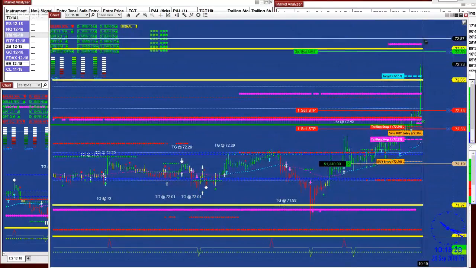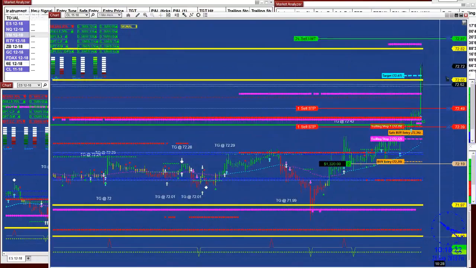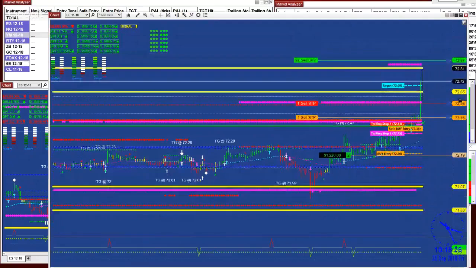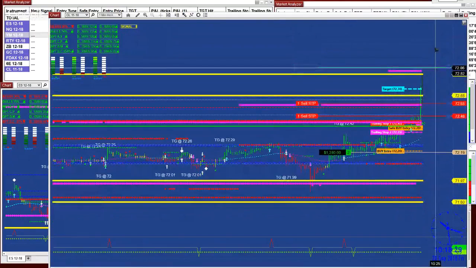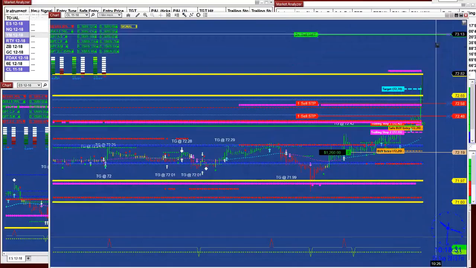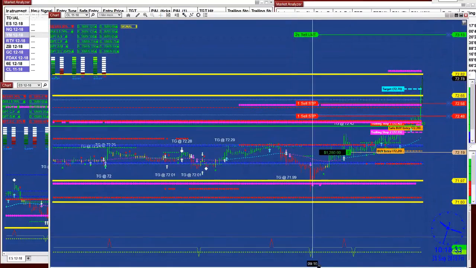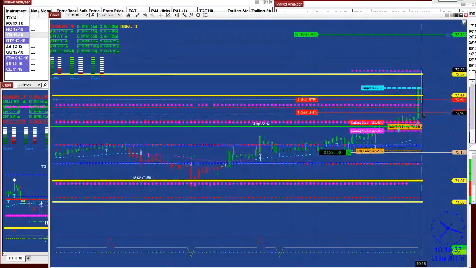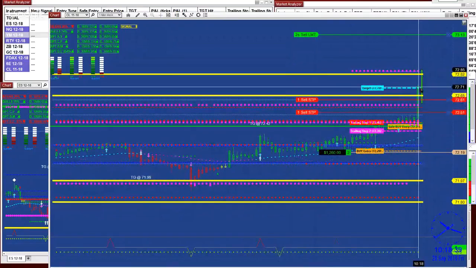Has anybody seen how many of you see a chart, 1 minute, with a bar that long?